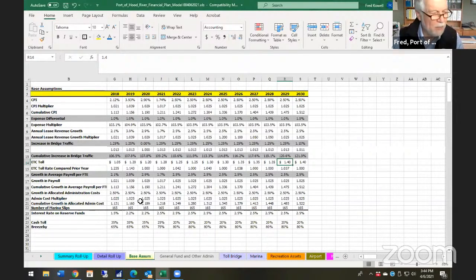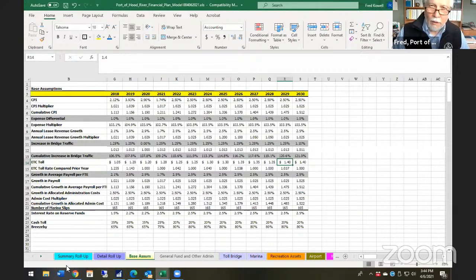We try to keep it in lockstep with regard to CPI, and then marina slips and so forth. So I just want to touch base on this, and then I want to move forward. I'm going to come back to the toll bridge, the marina, airport, and so forth.